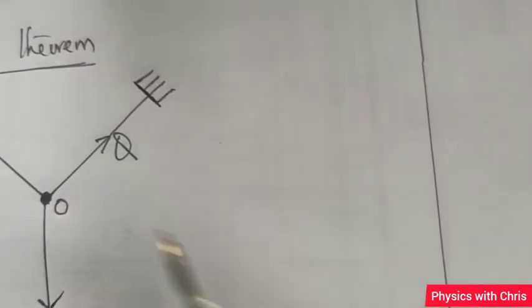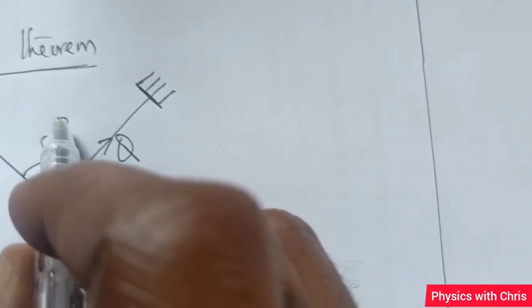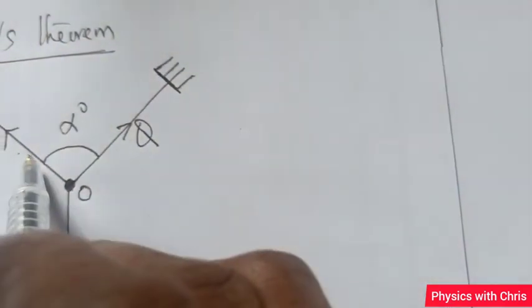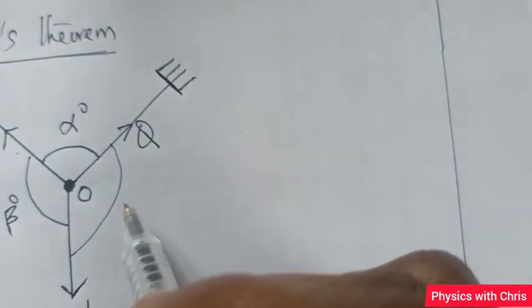Let's call the angle between P and Q alpha degrees, the angle between P and W beta degrees, and the angle between Q and W gamma degrees.